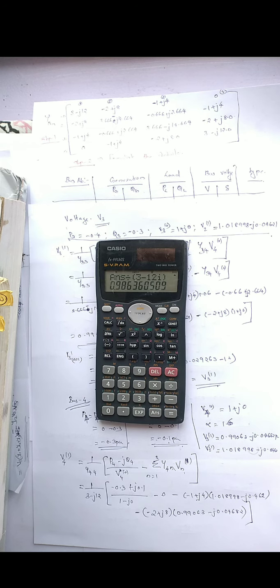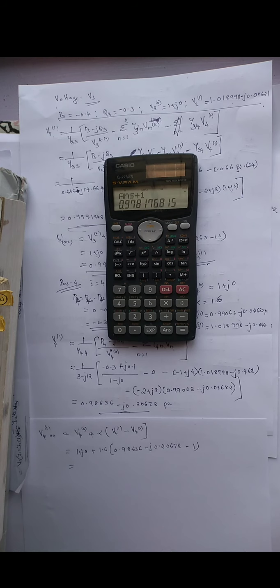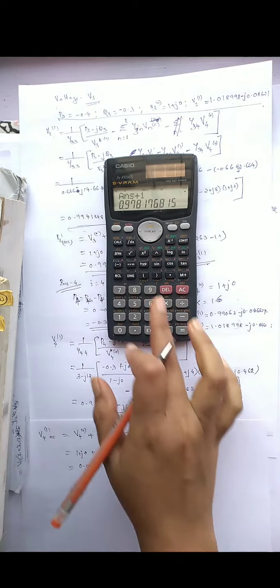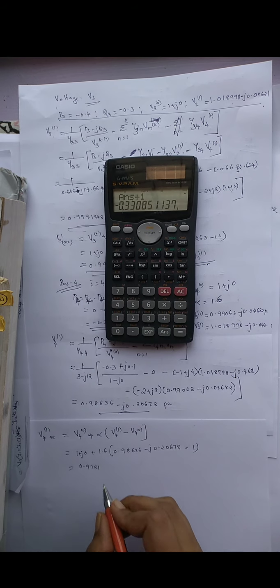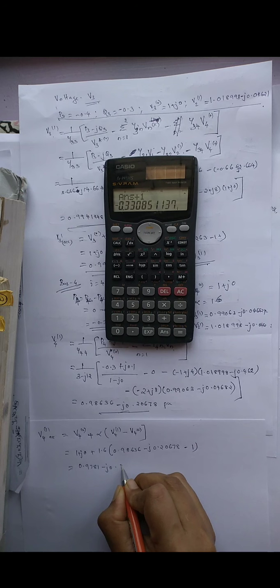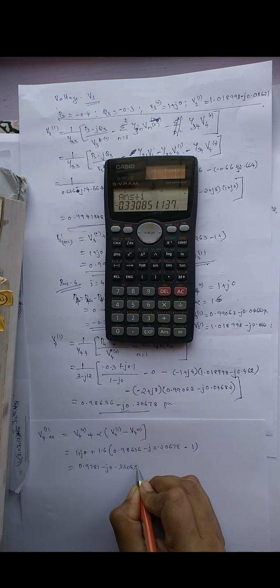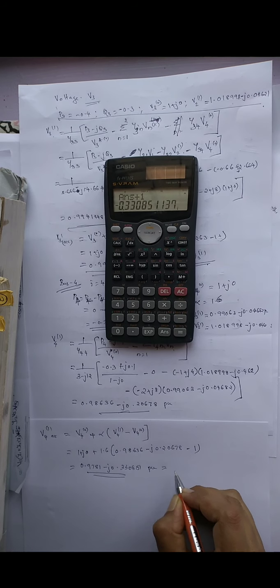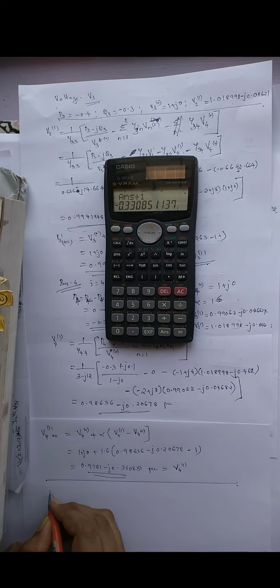Then we have to find out the accelerated value. It is 0.98636, and the value will be minus j 0.20678. That will be per unit. So this is V4 for first iteration value. So next what we have to do is find out the accelerated value.